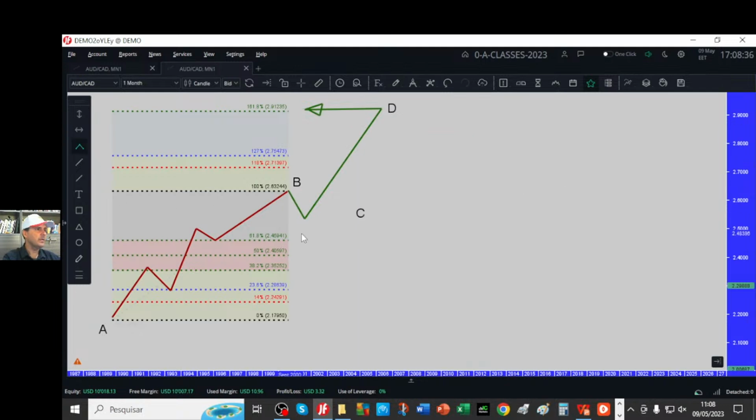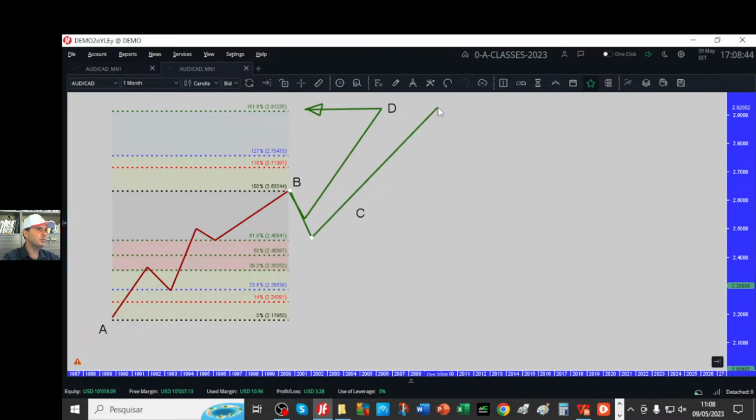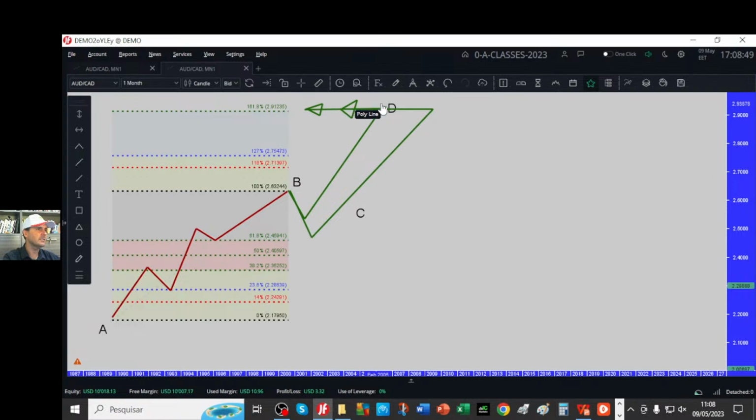Okay, when the market retraces and it touches or breaks the first level, the 61.8 retracement, the appropriate extension is 1618. So green goes to green still.